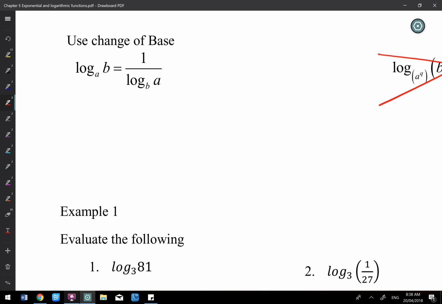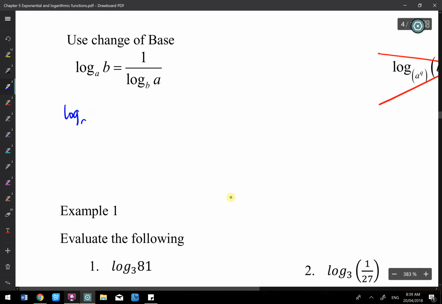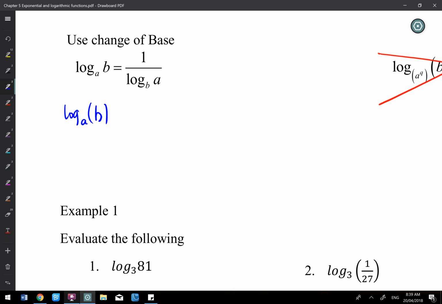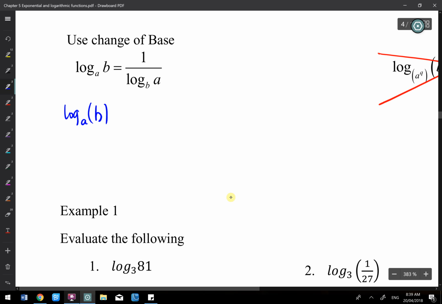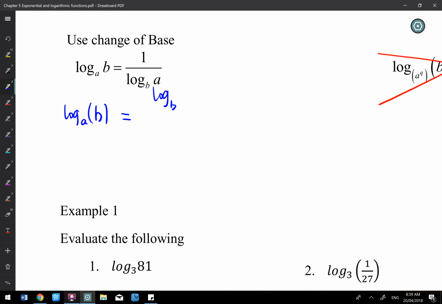Log a b will be 1 over log b a. So to prove this formula, we have log a b. We have base a here, and for the answer, we have b there. So we need to use the change of base formula. We can change to any base, including the number b there.